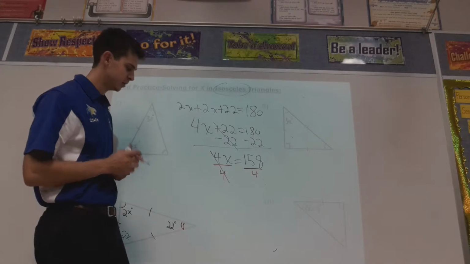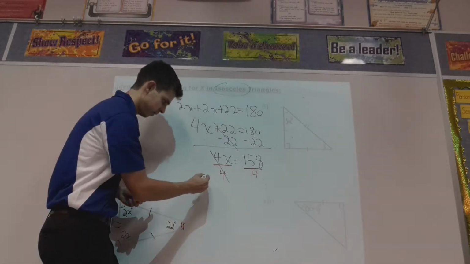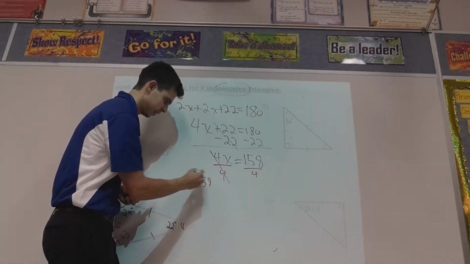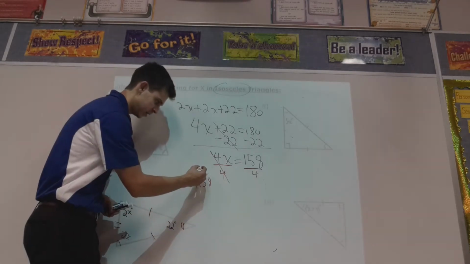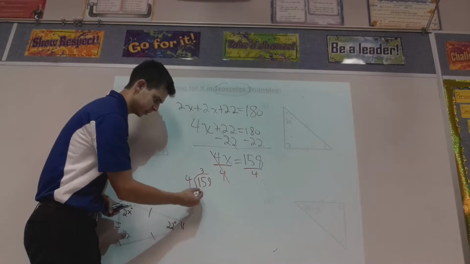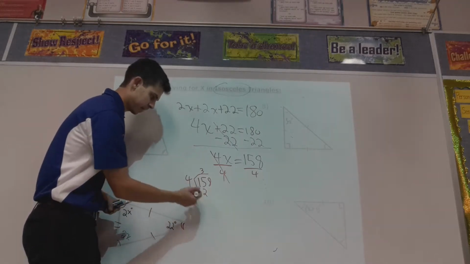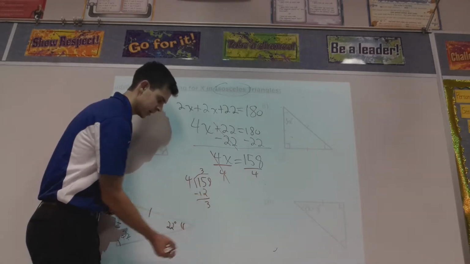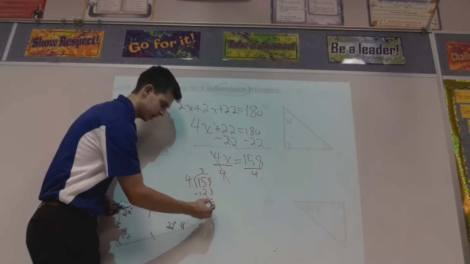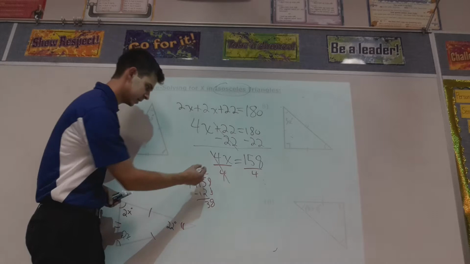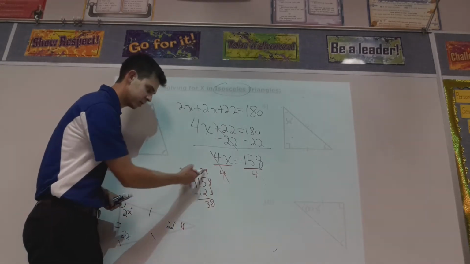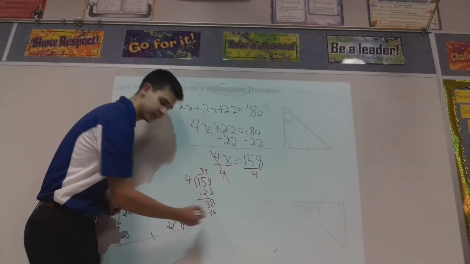And let's go ahead and do the division. 158 divided by 4. 4 goes into 15 3 times. 4 times 3 is 12. Minus, this becomes 3. Bring down the 8. And 4 goes into 38 9 times. 4 times 9 is 36.